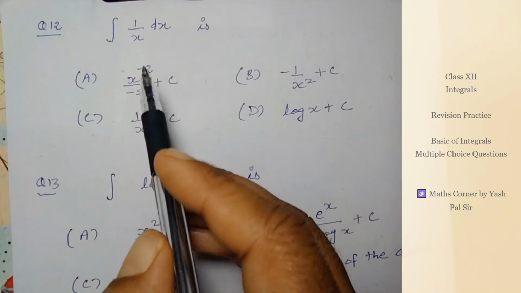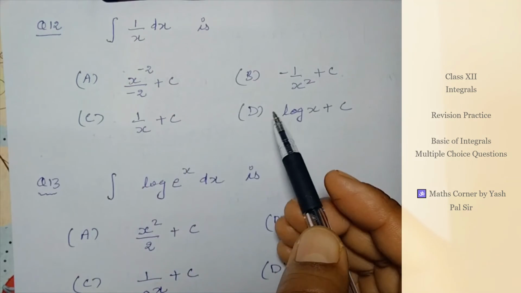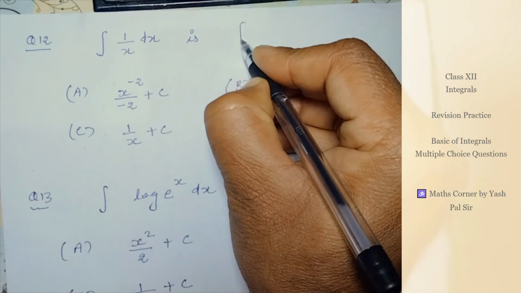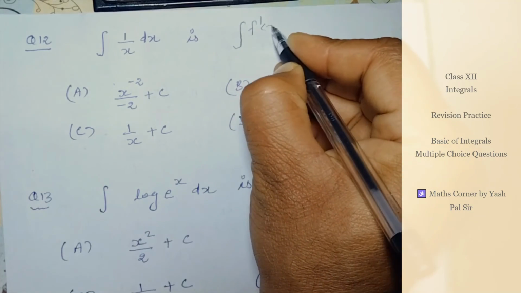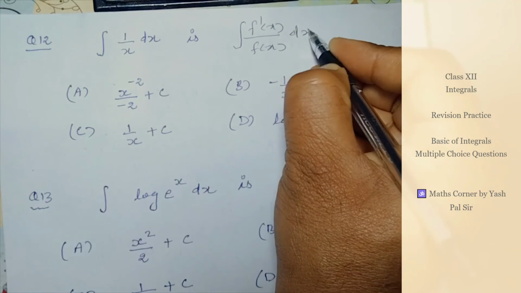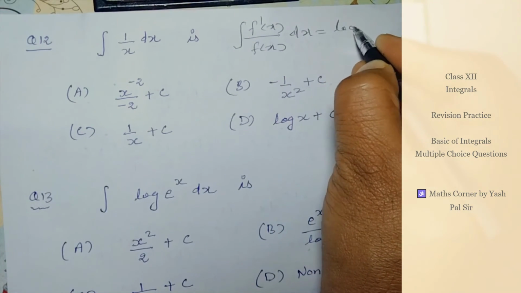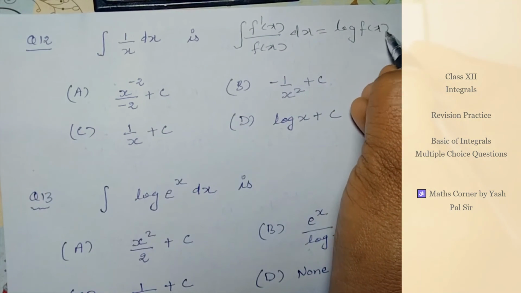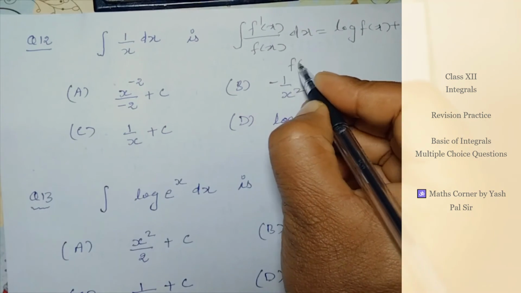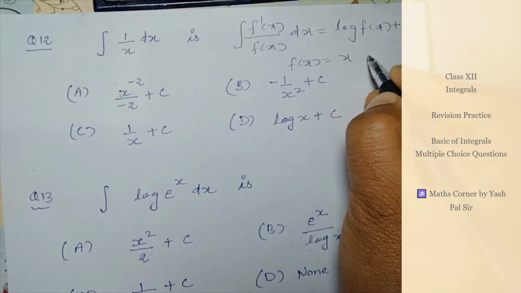Now we have question number 12, 1 upon x dx. So what we know, integration of f dash x upon f of x dx is equal to log of f of x plus c. So here f of x is x.